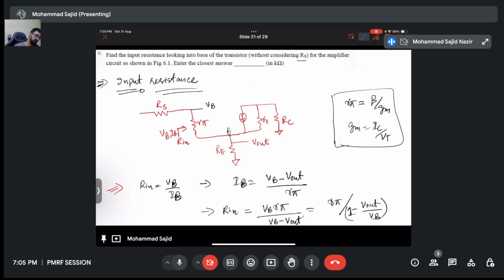Okay, we need to do the nodal analysis here. So what we will have, V output by RE is one component. Current IB incoming is one. We will have a component here. Let me see. This is like this, and this will be GM VPE. Okay. These are the components.